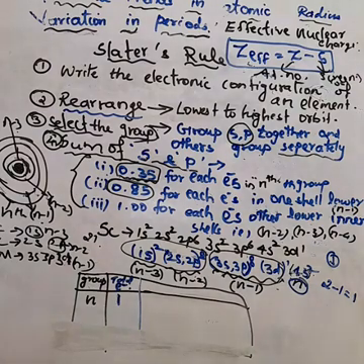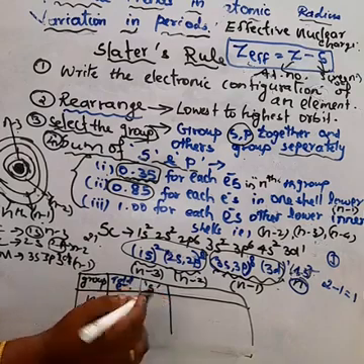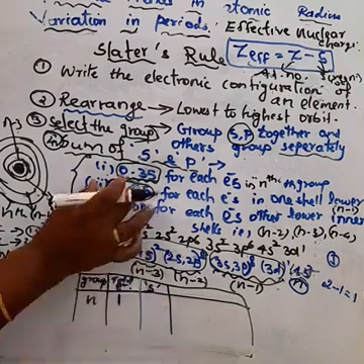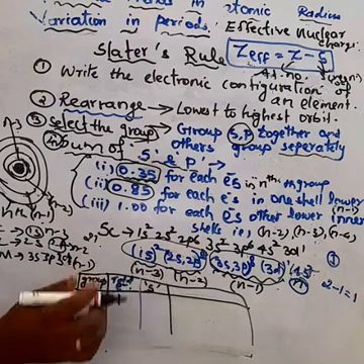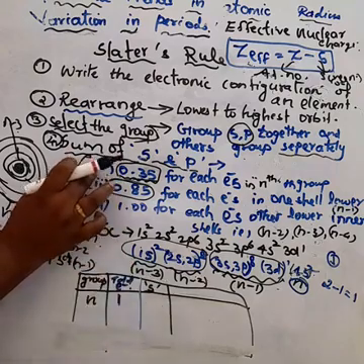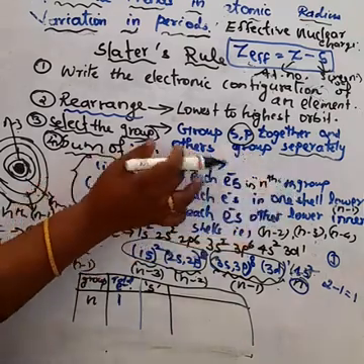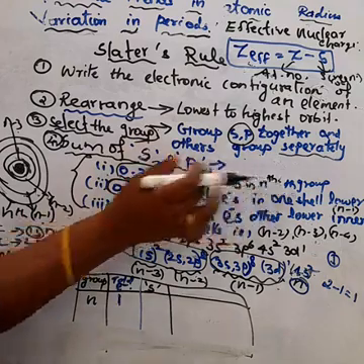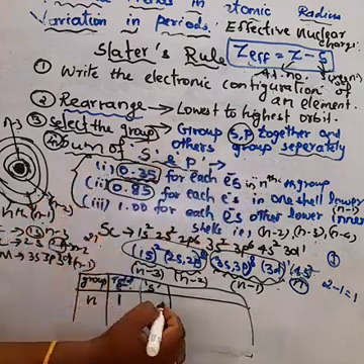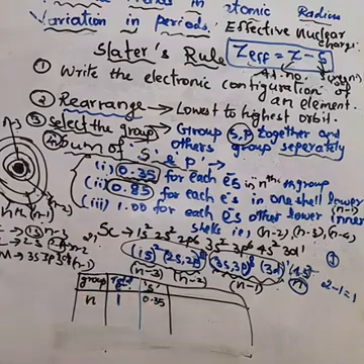And the contribution of each electron is the S value, the screening value. For the nth orbit, for the s and p orbital, the nth group, what is the value? 0.35 for each and every electron. Here only one electron is there. And secondly, the n minus 1 group.